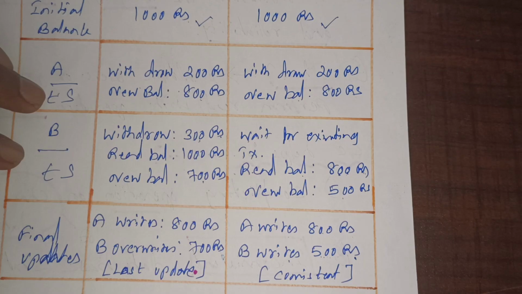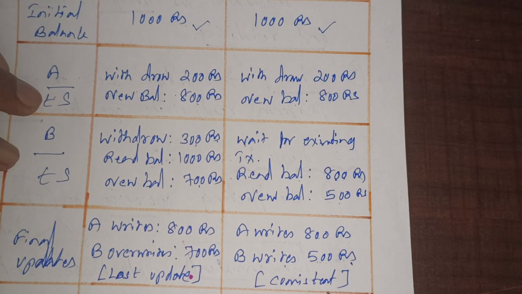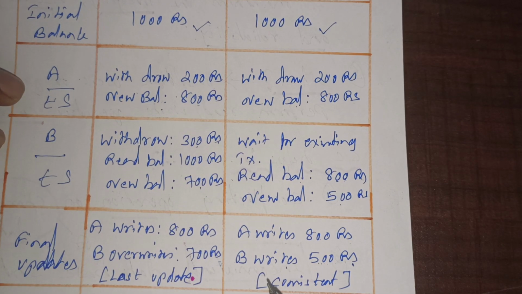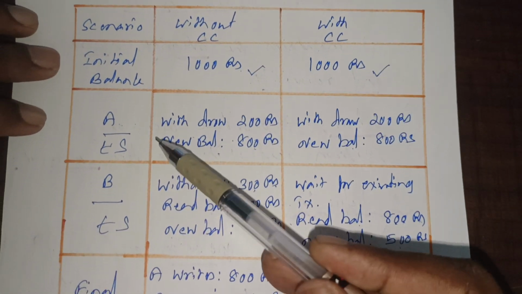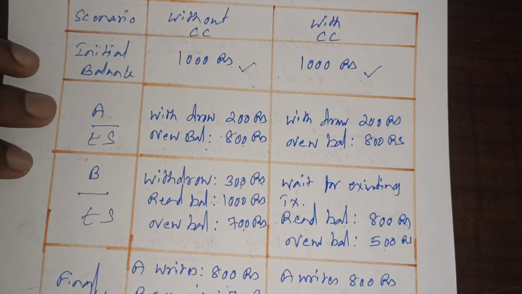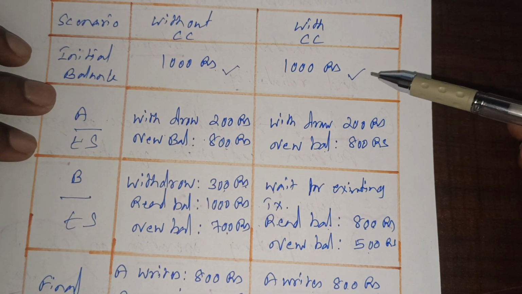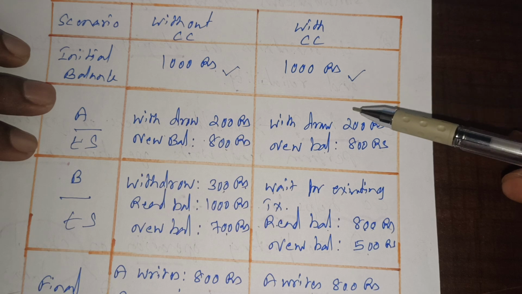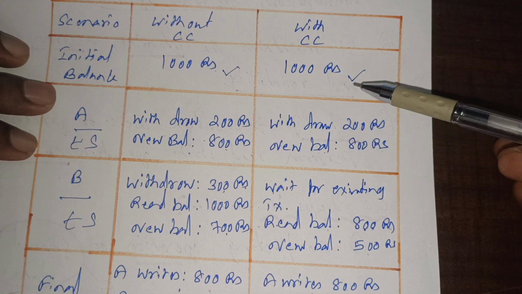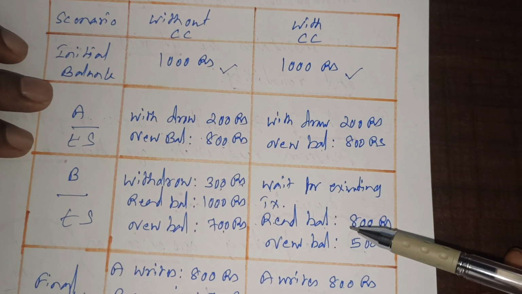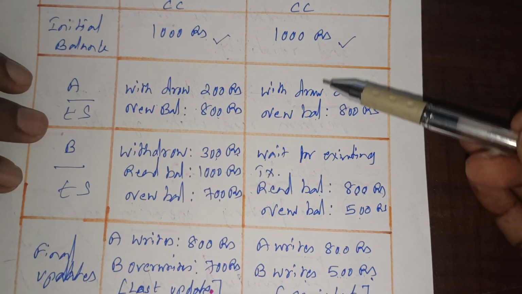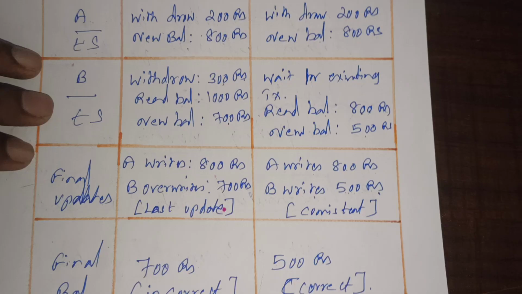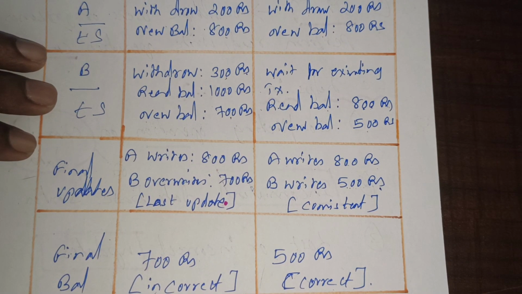So without concurrency control, for example, two users update the same record simultaneously and one update overrides the other. That is what I have shown here. A and B are the two users. With concurrency control, a database management system uses locks or timestamps to ensure the updates occur sequentially and the data remains perfect and correct. You can see that. Finally, this is the result, right?